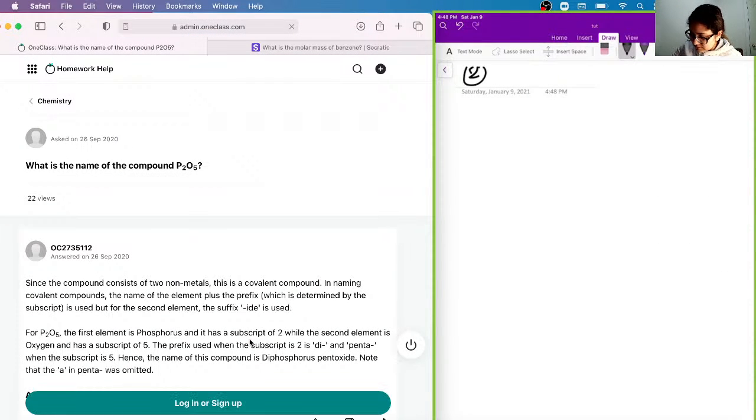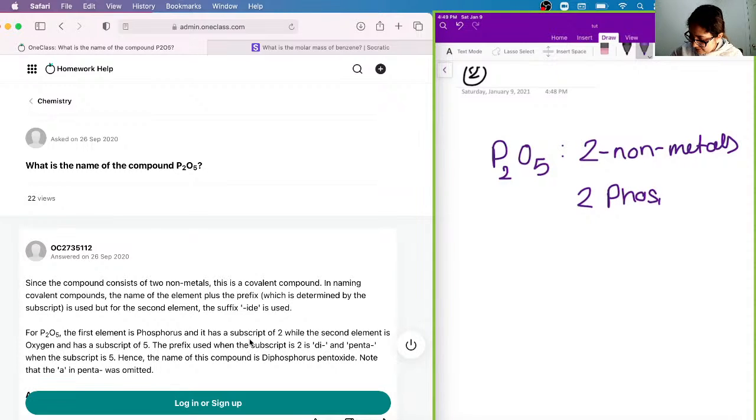Okay, so our next question says, what is the name of the compound P2O5? Since the compound consists of two nonmetals, we have two phosphorus and five oxygens.